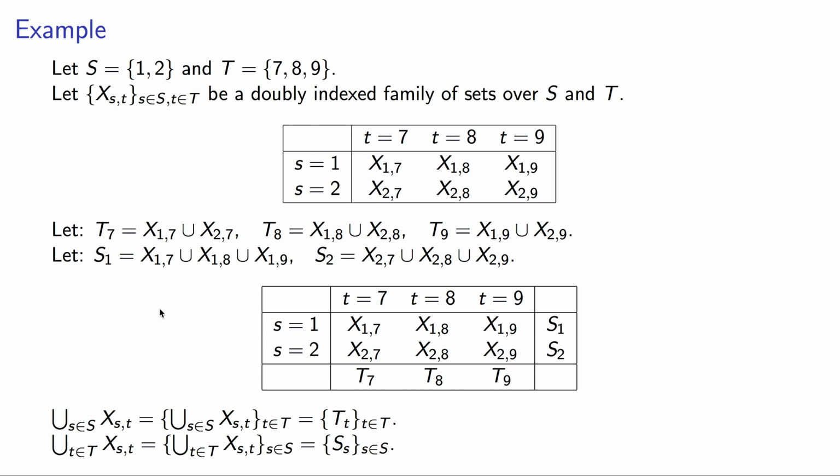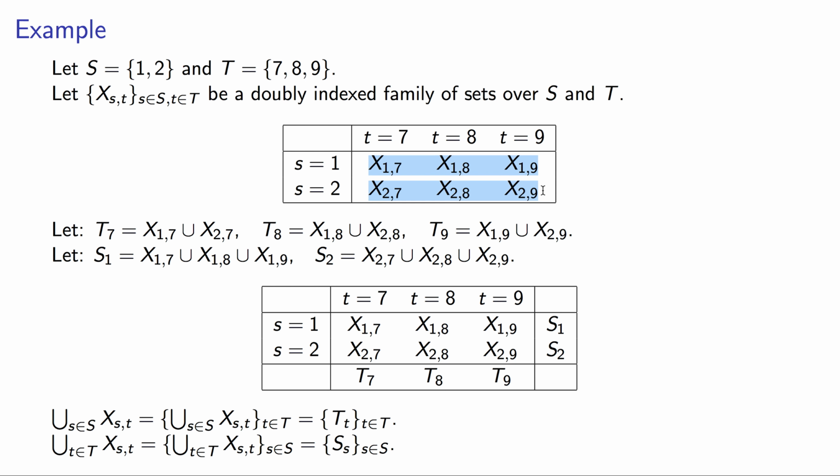Here's an example. I'm considering two sets of indexes. S contains 1 and 2, T contains 7, 8 and 9. I'm going to consider a doubly indexed family of sets over these two sets.